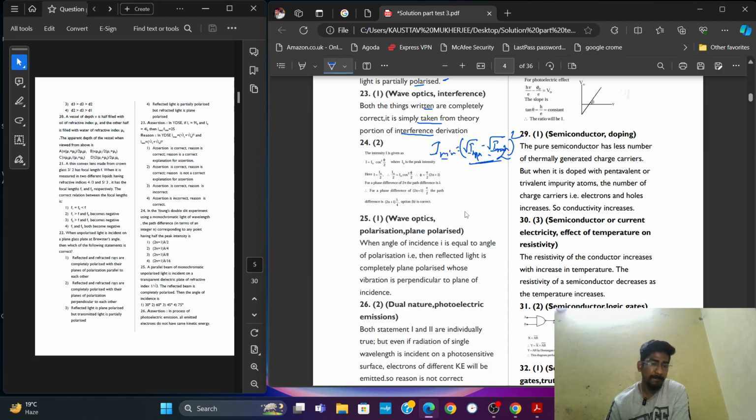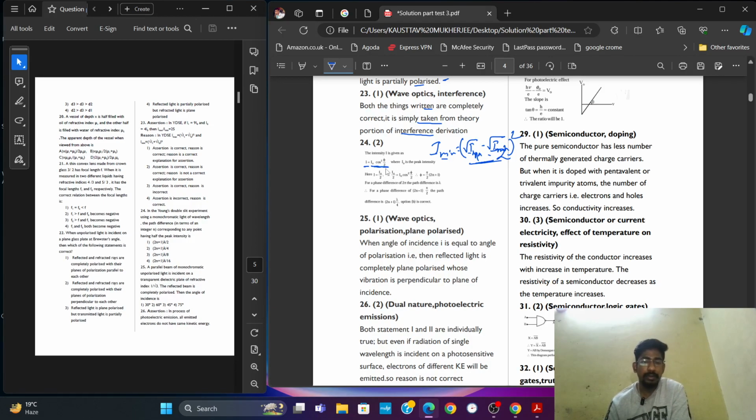Question 24. In Young's double slit experiment using monochromatic light of wavelength lambda, the path difference corresponding to any point having half the peak intensity is asked. Intensity I is given by the formula I naught cos square phi by 2, where phi is the phase difference.